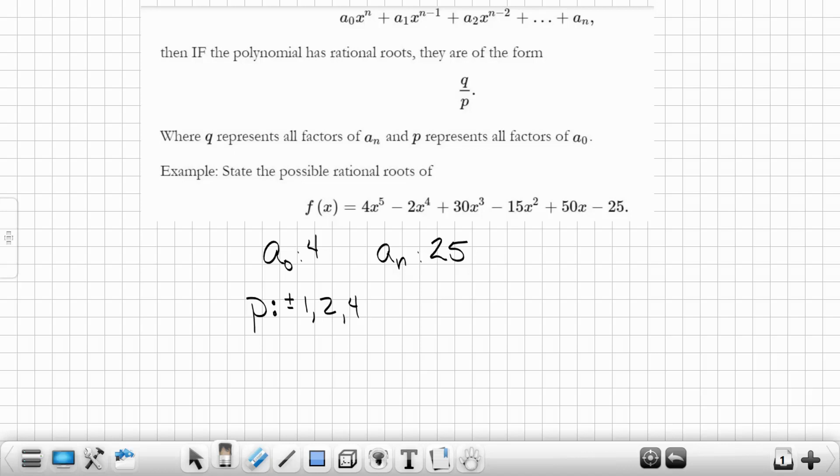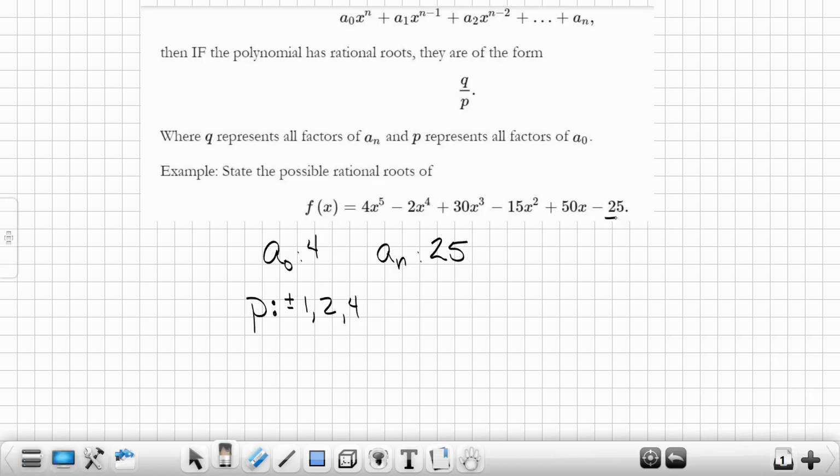Why is it 1, 2? So it's all factors of 4. P is factors of A sub naught. What multiplies to get 4? Either 1 times 4 or 2 times 2. So we're just picking factors of 4. A sub n is 25. It's whatever the last number at the end is. And as long as it's in descending order, it's the number at the end.